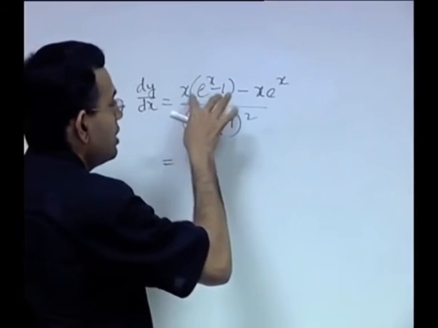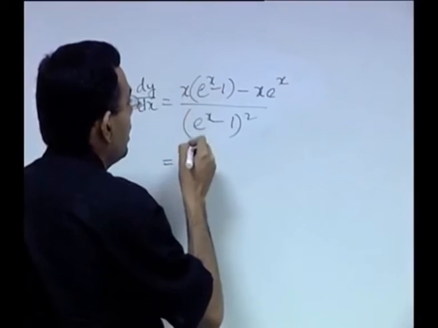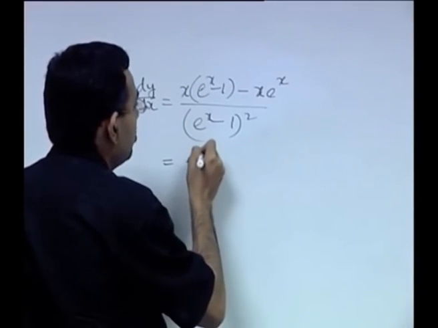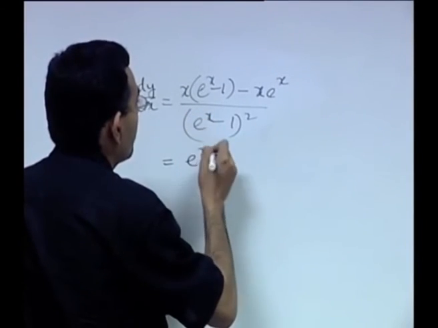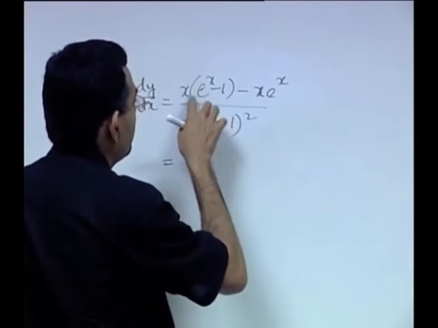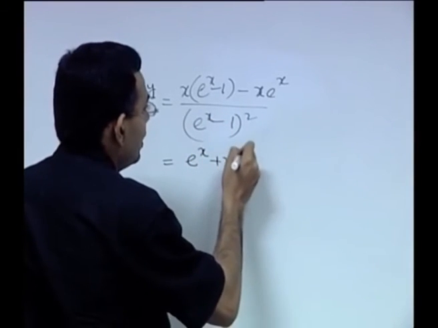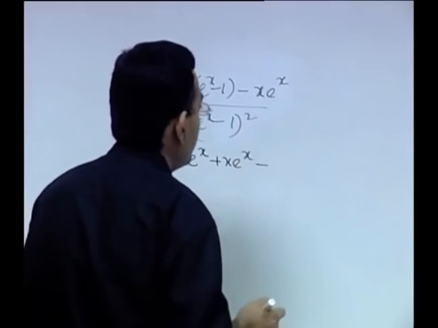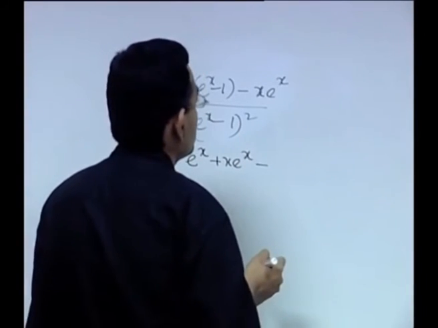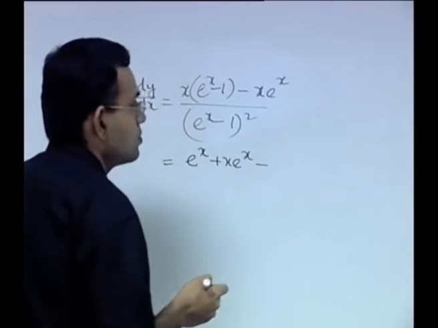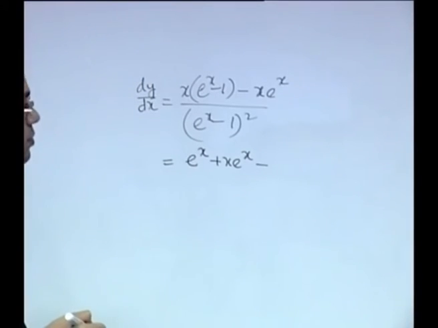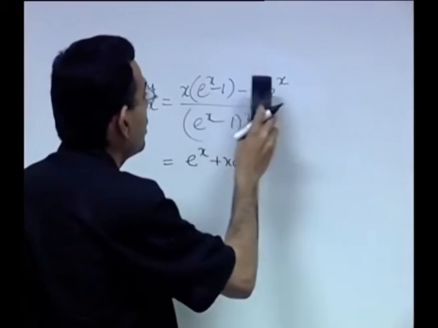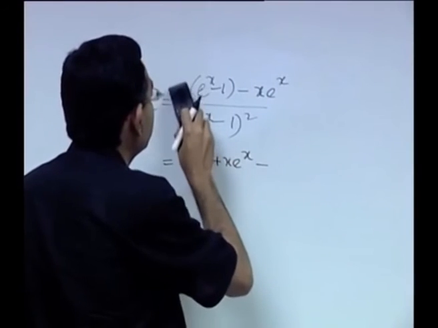So, you have to differentiate the numerator, that is e^x plus x e^x minus... this x is not there, the first x is not there, right.